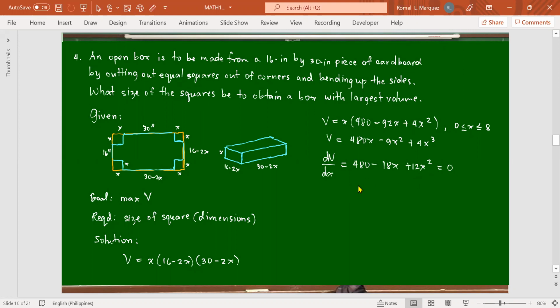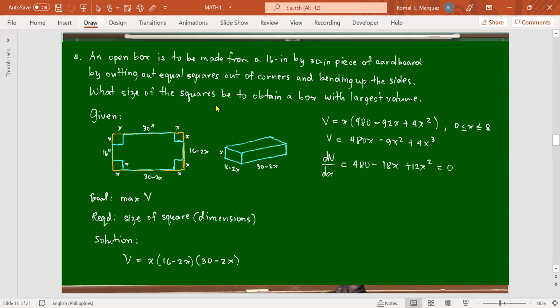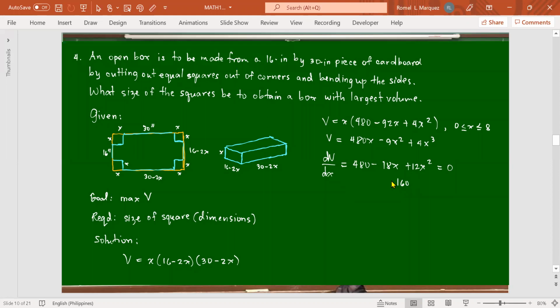Divide by 4: 480 divided by 4 is 120. Then divide by 3.